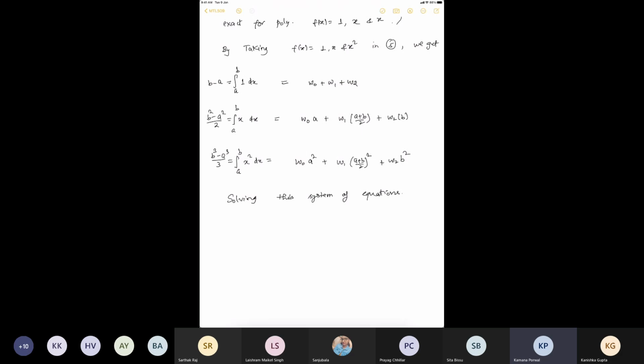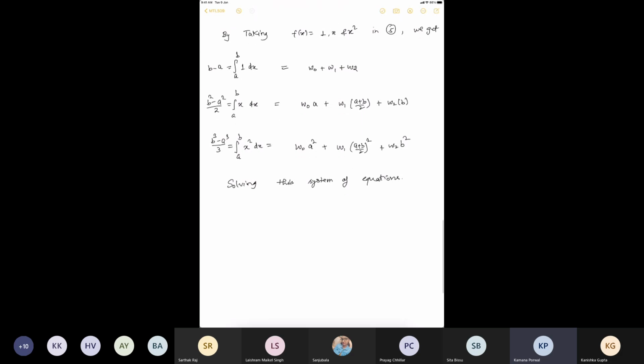You can simply apply Cramer's rule and solve it. So what will you get? We'll get W0 as (b minus a)/6, W1 as 2/3 (b minus a), and W2 as (b minus a)/6.